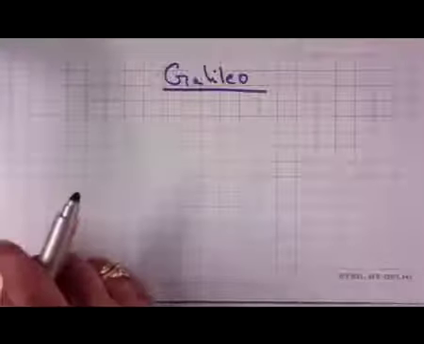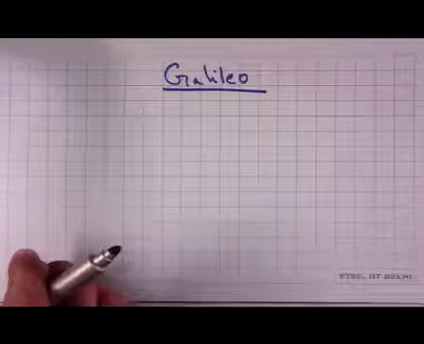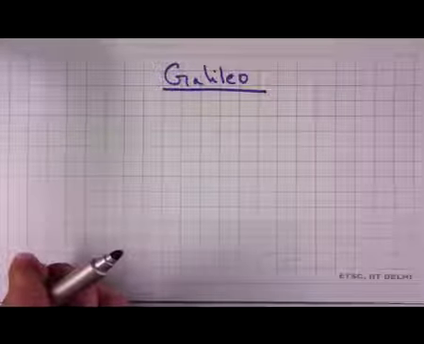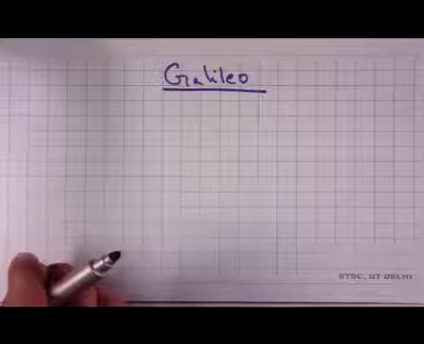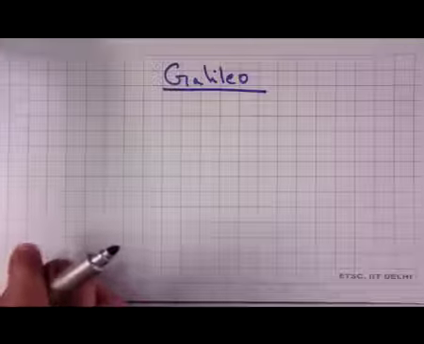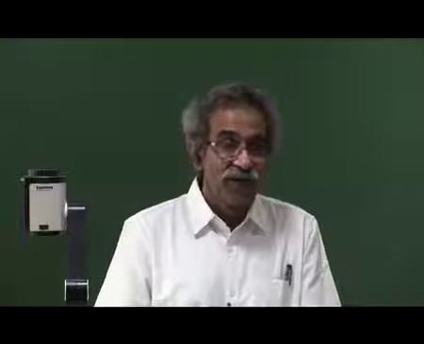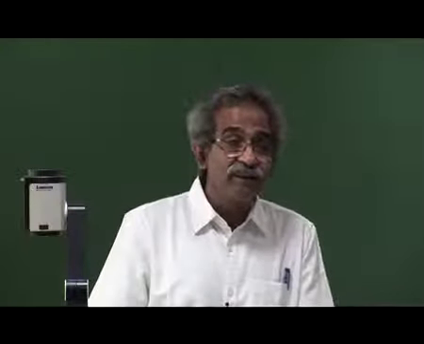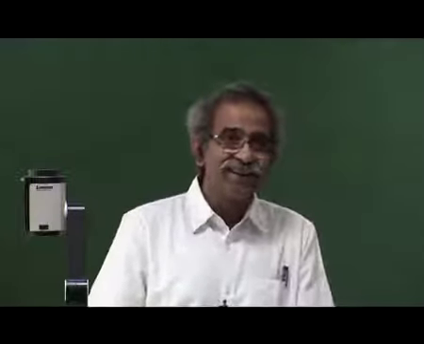So, let me describe that. I have summarized that in a single line in this slide, the first law for free particles. And what does the summary say? It says that in an inertial frame, no force implies no acceleration. This is very important for us. In other words, we do not infer the existence of force by looking at acceleration.